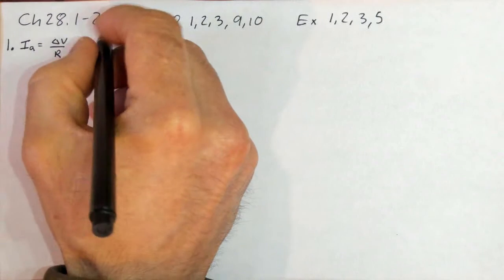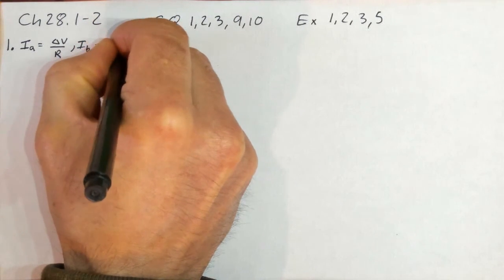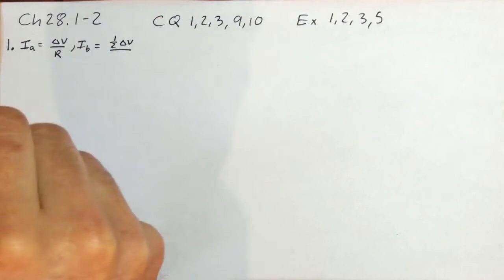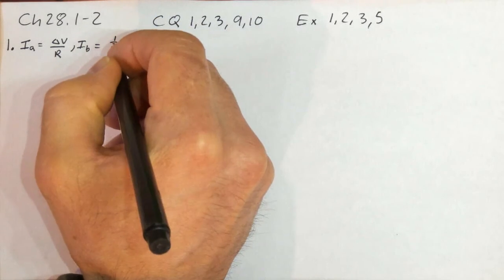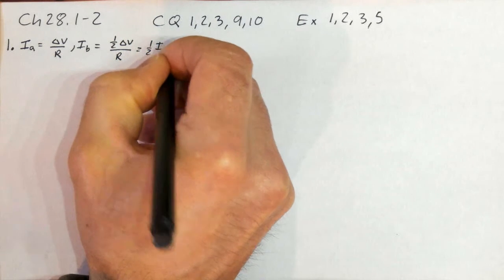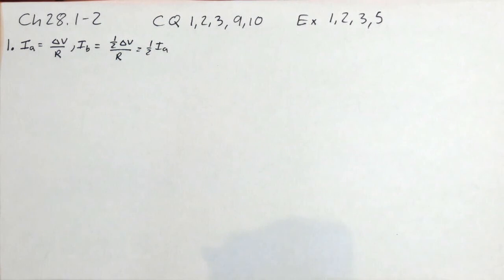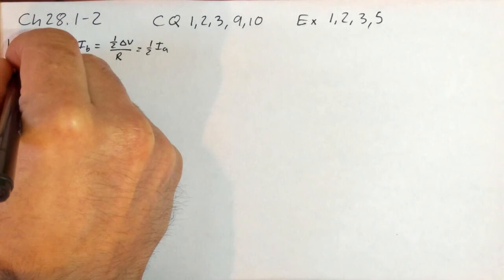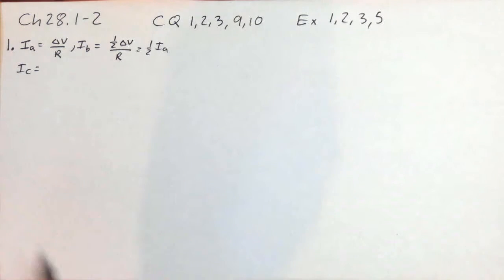Okay, so it's half the voltage, and the resistance is the same. So that gives us 1/2 IA. All right. Well, what about IC? How much is it in terms of the voltage and resistance of A?